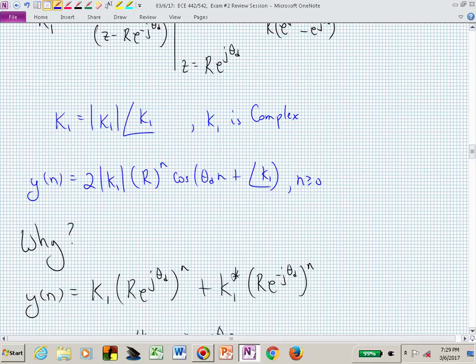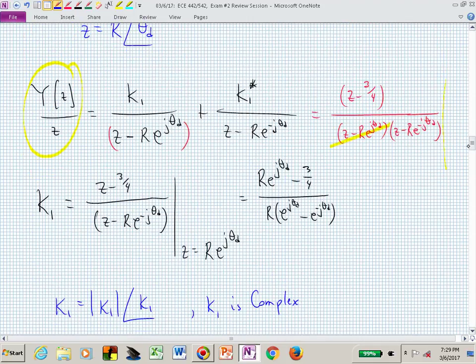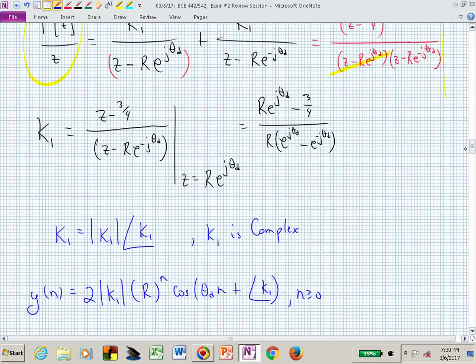You could write this down, that's fine, but I want you to go a step or two further. It's okay also if you start with capital Y of Z and you compute K1, now you can immediately just write down little y of n. You don't have to rederive it, but I want you to use the correct form.